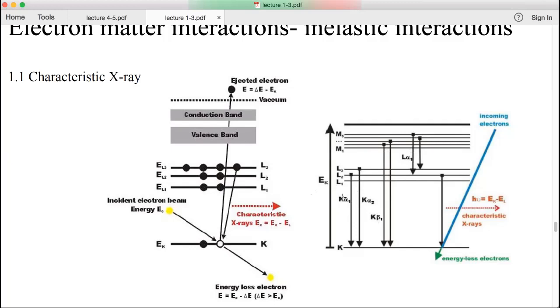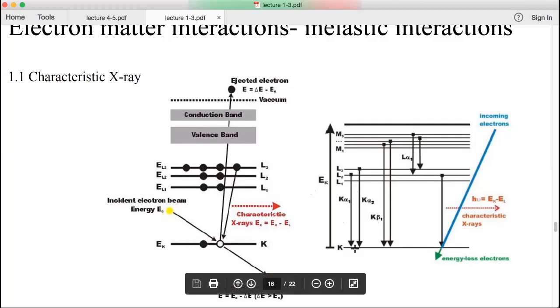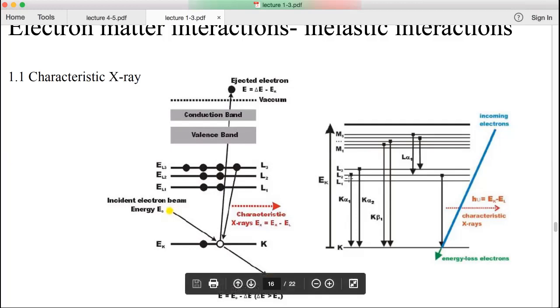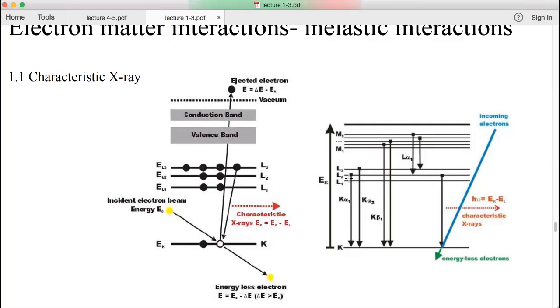Now here K means the vacancy is at level K or electron shell K, and alpha means it is filled by the immediately available electron shell, that is L, right? Even in the electron shell there are different energy levels, and the lowest one is alpha 1, lowest possible one.